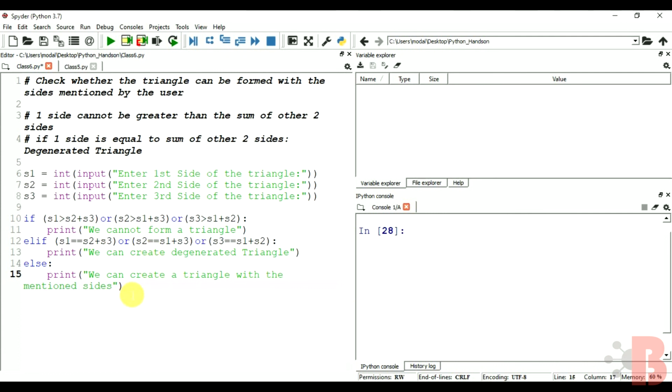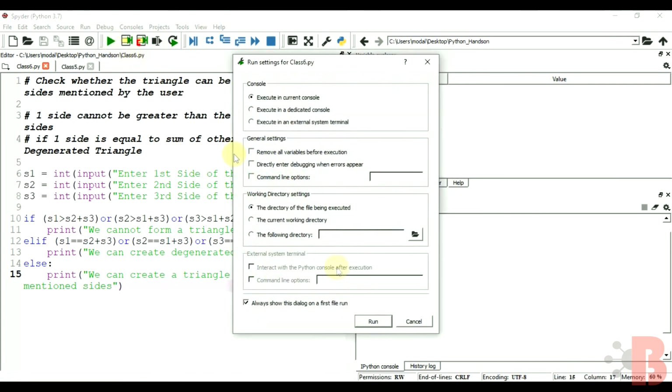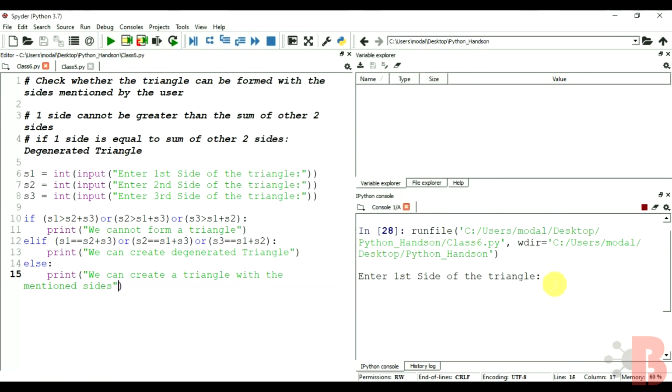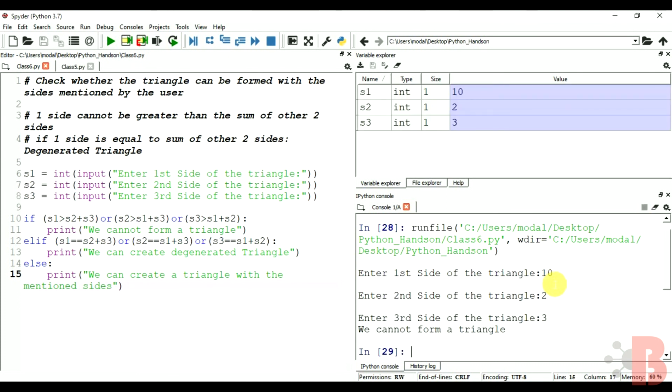So now let us execute this code. Run. For the first side I am going to give 10, and for the second side I am going to give 2, and the third side I am going to give 3. So we cannot form a triangle because 10 is greater than 2 plus 3.